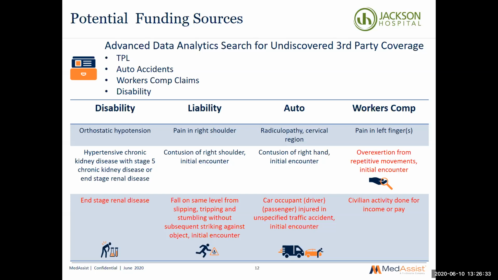So if somebody presents with pain in the left finger, overexertion from repetitive motion, but then the next external cause code, which by the way is in the 8th position for this particular account, is civilian activity done for income or pay. Now keep in mind, all of these accounts were presented to us or assigned to us as straight self-pay accounts. So what do we do with this information?